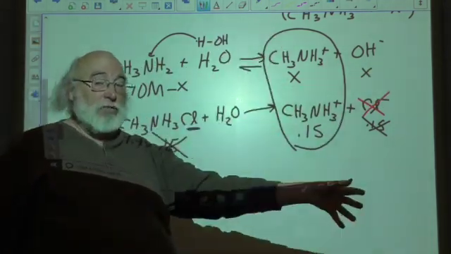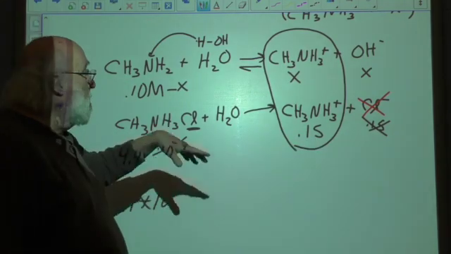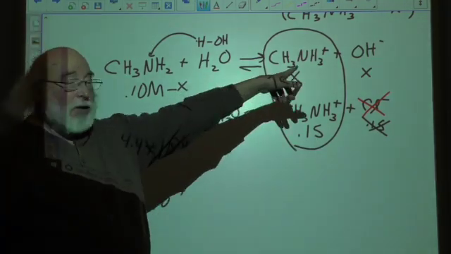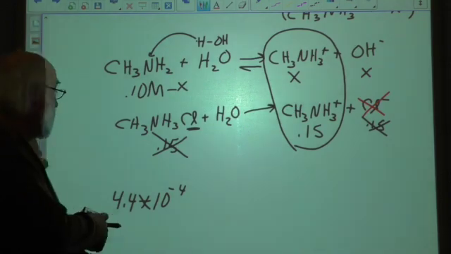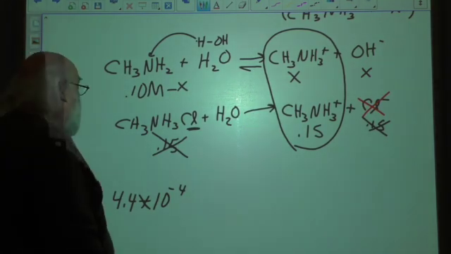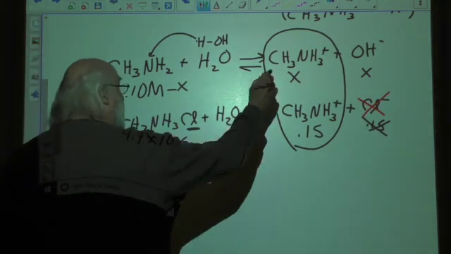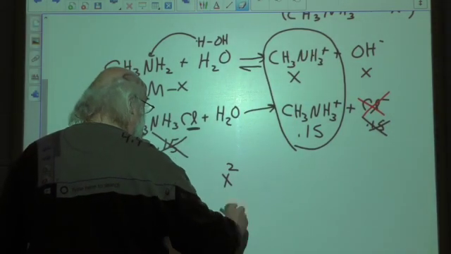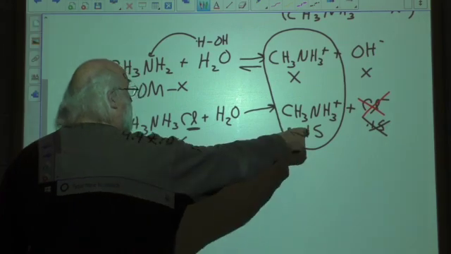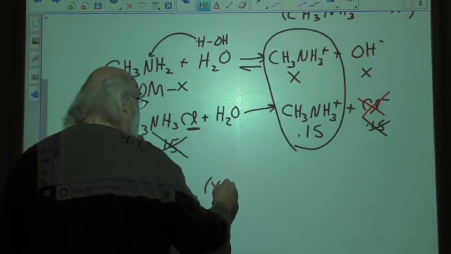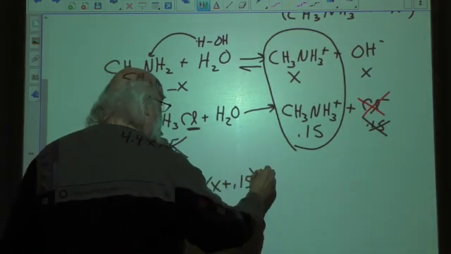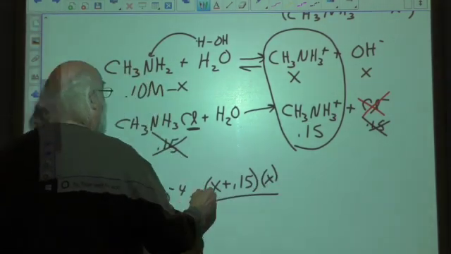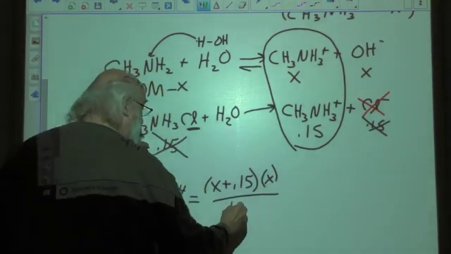H positive means you have an acid, so that's a Ka. Kb tells you you need to be getting an OH negative in your reaction. So that's going to equal X times X, which is X squared. Oh, sorry. It would have been had there not been that 0.15. So that's X plus 0.15 times X over 0.1 minus X.